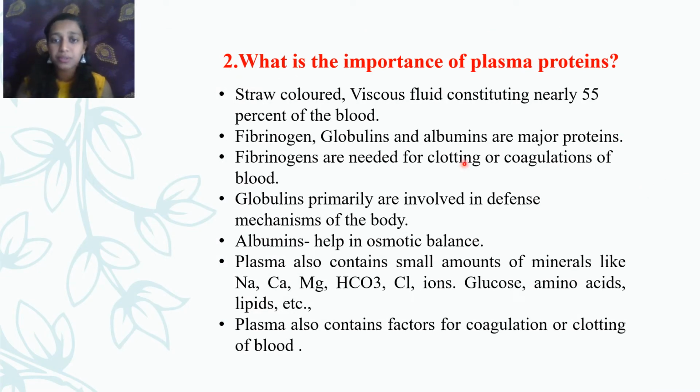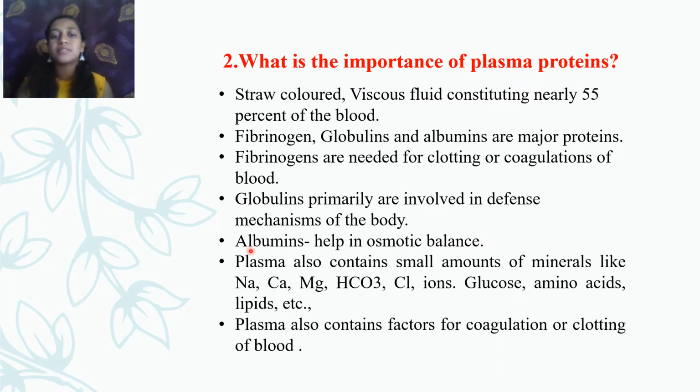Coming to the next question, the importance of plasma proteins. We know that plasma is a straw colored viscous fluid consisting of nearly 55% of the blood, and this plasma contains the major proteins like fibrinogen, globulin and albumins. Fibrinogens are needed for clotting or coagulation of the blood, and globulins are primarily involved in defense mechanisms of the body.